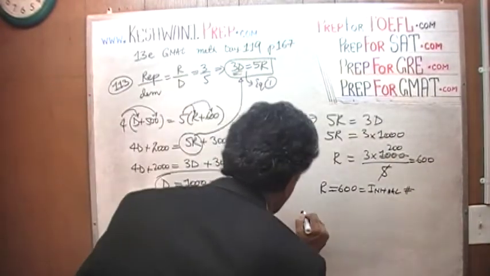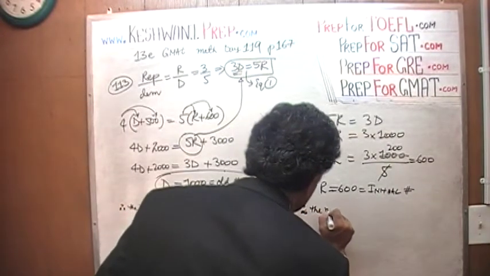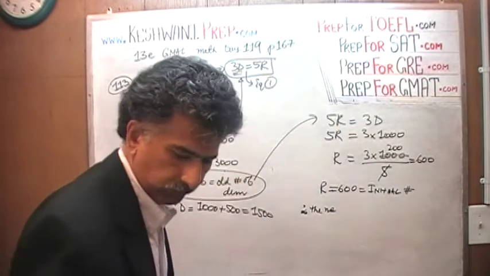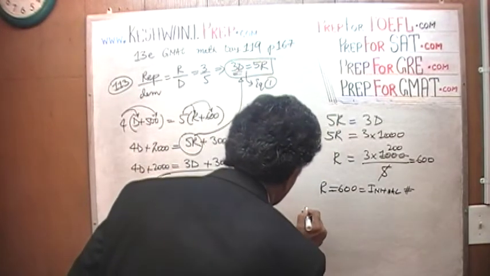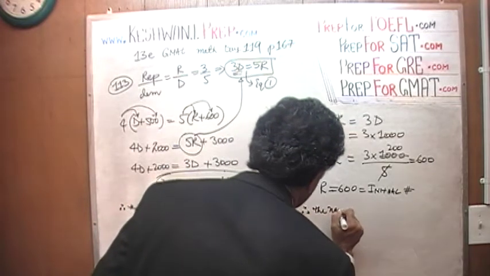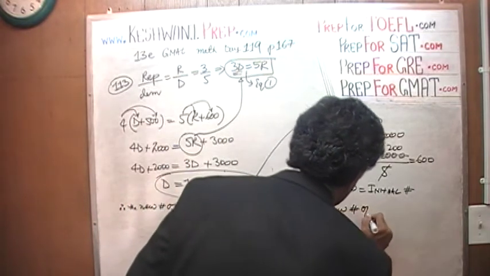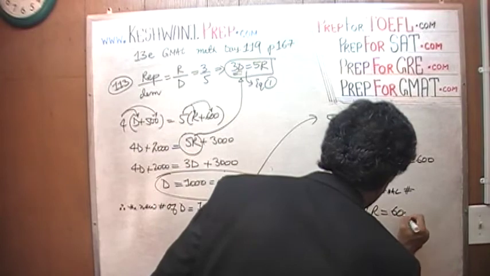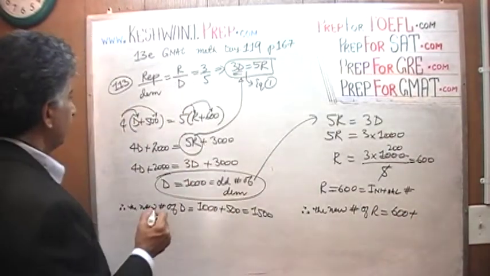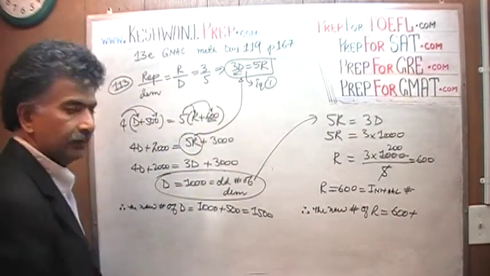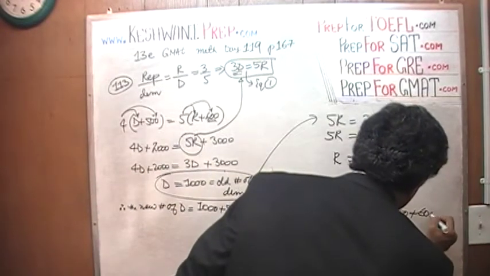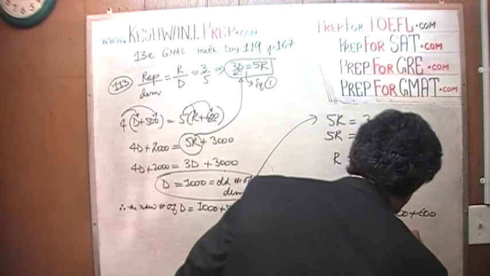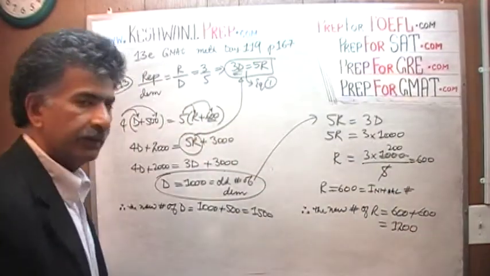Therefore the new number of Republicans equals 600 plus the fact that the Republicans went up by 600. You see, this is where you have to pay attention. That's 1200. That's it, we're done.